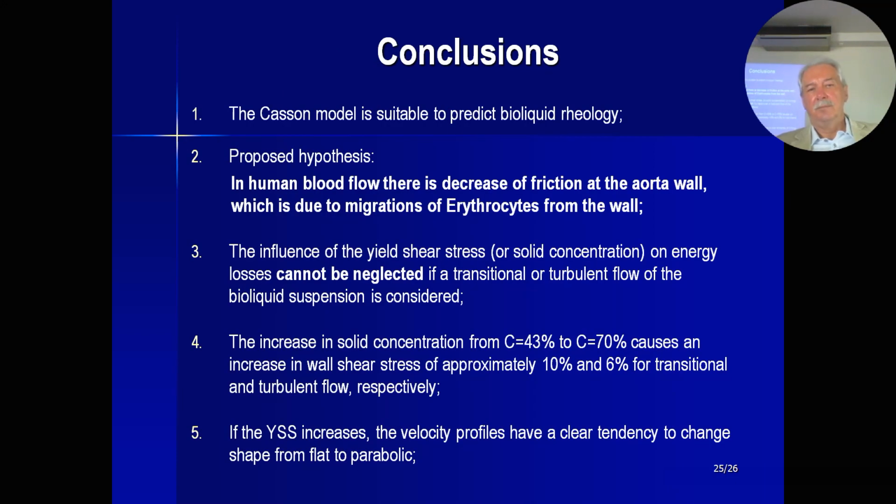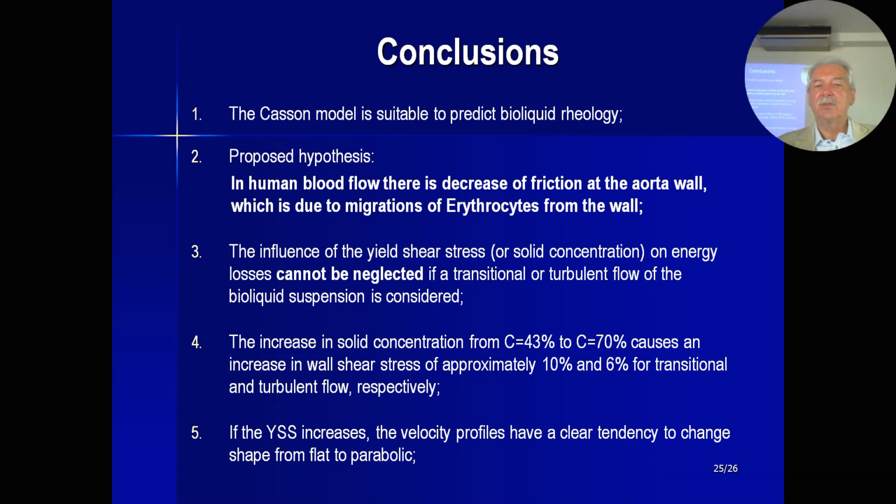So let's come to conclusions. There are several conclusions. First of all, the Casson model, which was presented here, predicts bioliquid rheology correctly. Second, I would propose the hypothesis that in human blood flow there is a decrease of friction at the aorta wall, which is due to migration of erythrocytes from the wall towards the symmetry axis.